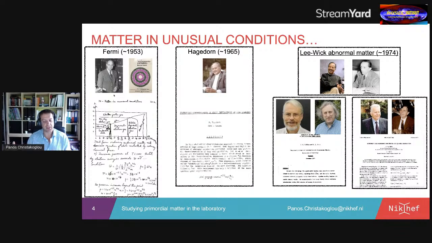And around 10 years later, Lee and Wick discussed what they called abnormal matter, while the possibility of finding such a state in the interior of neutron stars was first discussed by Collins and Perry, followed by what I think is the first discussion of the deconfined state of matter in the paper by Cabibbo and Parisi.